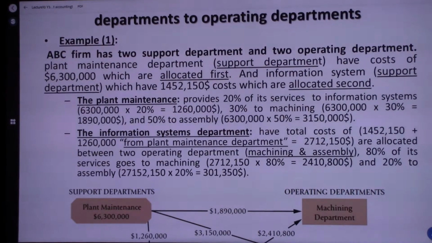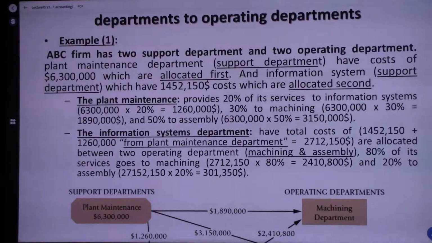The total cost in plant maintenance is $6,300,000 US. I'm going to allocate the $6,300,000 on the 3 departments. With what ratios?